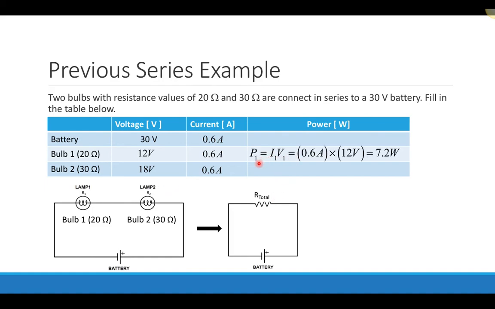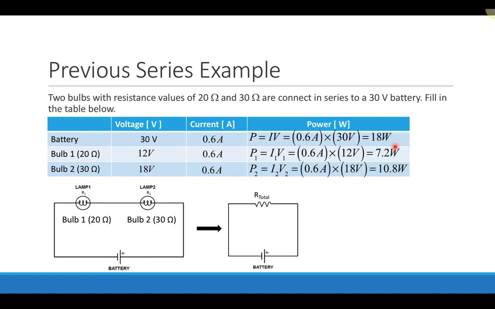The power through bulb 1 is the current times the voltage, so 0.6 amps times 12 volts is 7.2 watts. The power through the second bulb is 0.6 amps times 18 volts, so that's 10.8 watts. And the power being produced by the battery is the current times the voltage, so 0.6 amps times 30 volts, which is 18 watts.